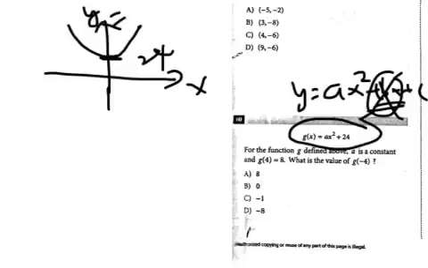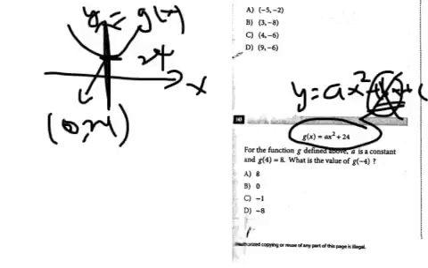So this is g of x. Since the graph is symmetric about this point, (0, 24), which is the minimum point of the graph, g(4) is equal to g(negative 4). So they're both equal, so it's 8.